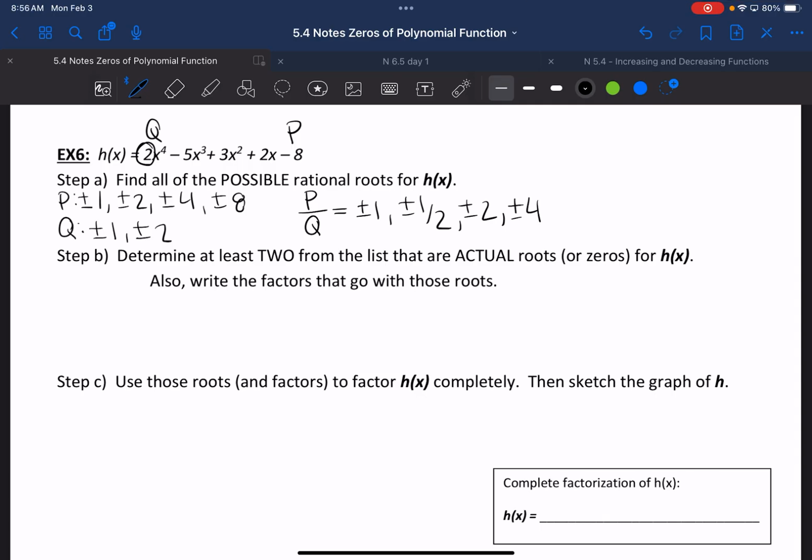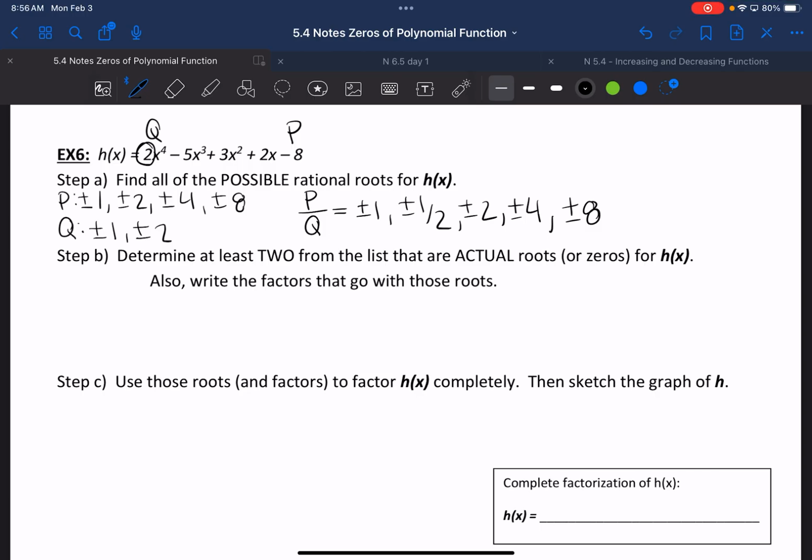So we'll do plus minus 4. I could also do the 4 over 2, but 4 over 2 simplifies to 2, which we already have in our list, right? So we don't need that, okay? And then my last option would be to use 8 for P. So I could do the 8 over 1, which would just be 8, right? And I could do 8 over 2, but 8 divided by 2 is 4, which we already included. So these are all of our possible combinations, right?